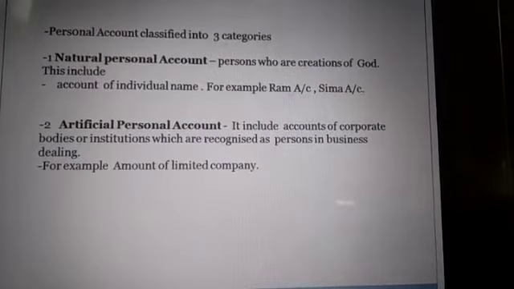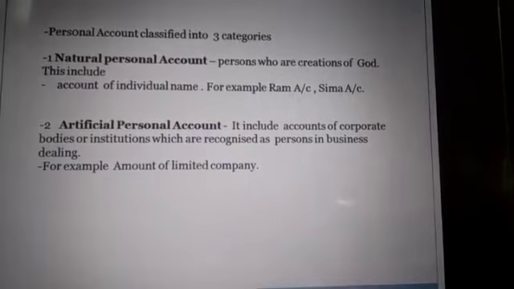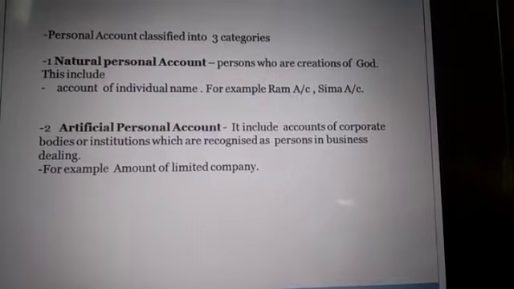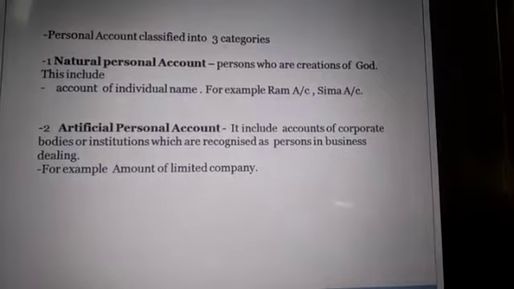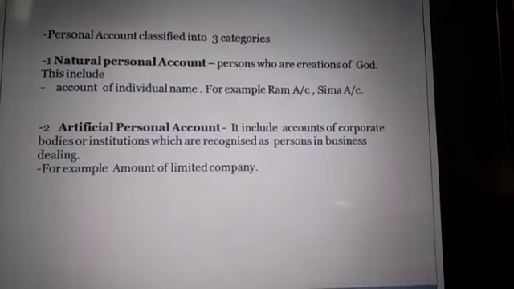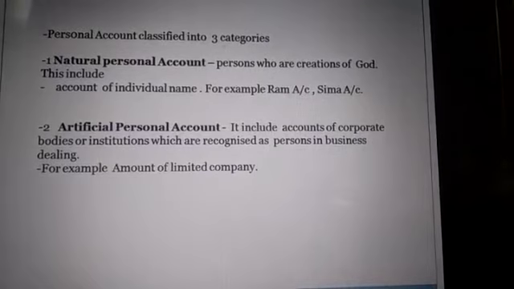Now this personal account is also classified into three categories. What are the three categories? First is the natural personal account, second is the artificial personal account, and third is the representative personal account, that will be in the next slide. So what is a natural personal account?